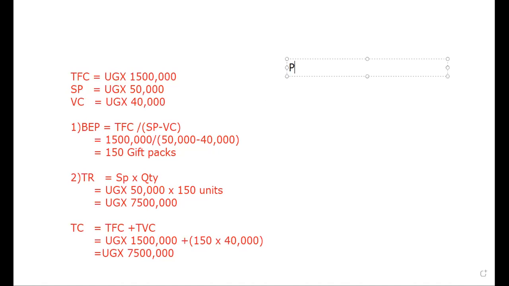So I'm using the profit formula: profit equals total revenue minus total cost. In this case, total revenue we can find by selling price, 50,000, times quantity, 200 gift packs, minus total cost.